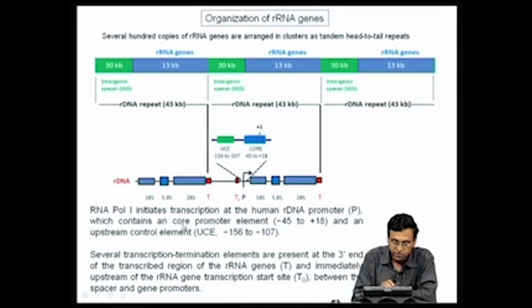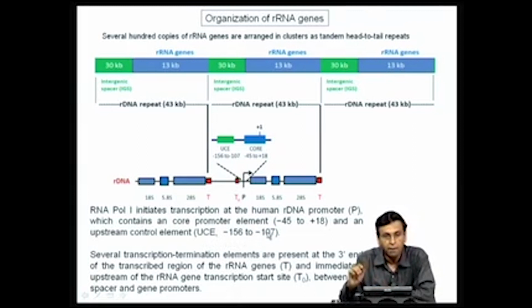So, Pol I initiates transcription of the human rDNA promoter, which is designated as P here, which contains a core promoter element extending from -45 to +18, and it also contains an upstream control element or UCE, which extends from -156 to -107.